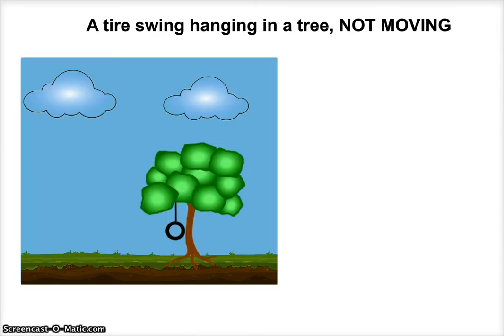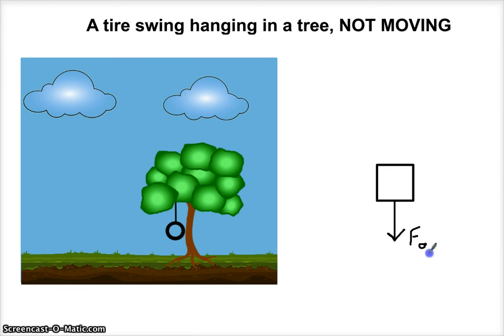Okay, one last situation. Now we have our tree, and it has a tire swing hanging on it. So we're going to bring in our box to represent our tire, and it's just going to be this tire swing hanging in a tree. As always, we're going to draw our gravity.